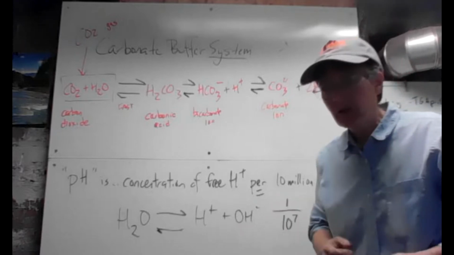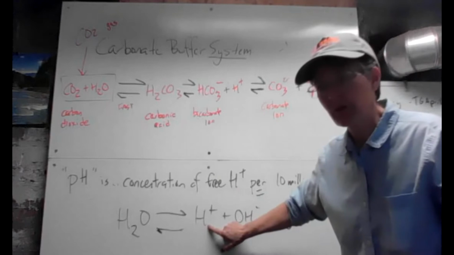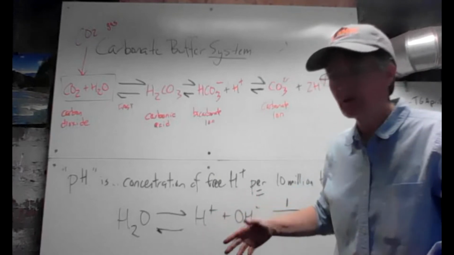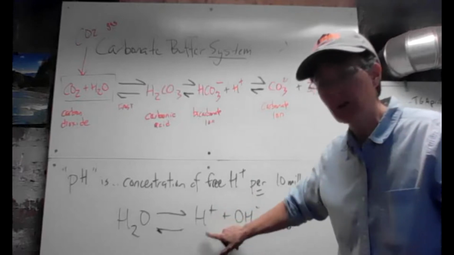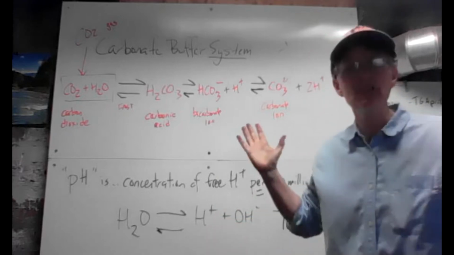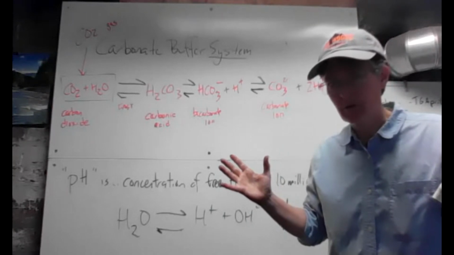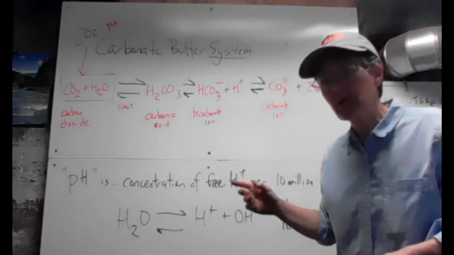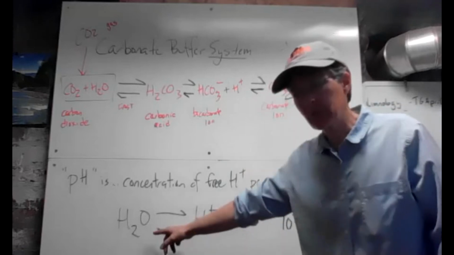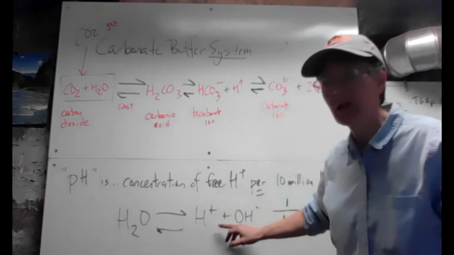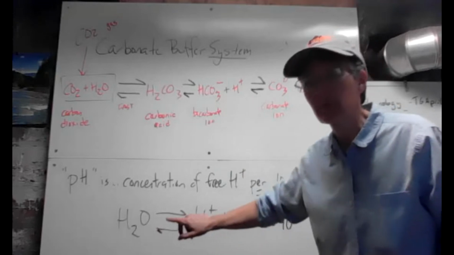Now, let's say that you increase the concentration of free or loosely held protons in the water. Like, let's say you increased it 10 times. Then instead of being 1 proton for every 10 million water molecules, if you increase this 10 times, it would be 1 for every million.